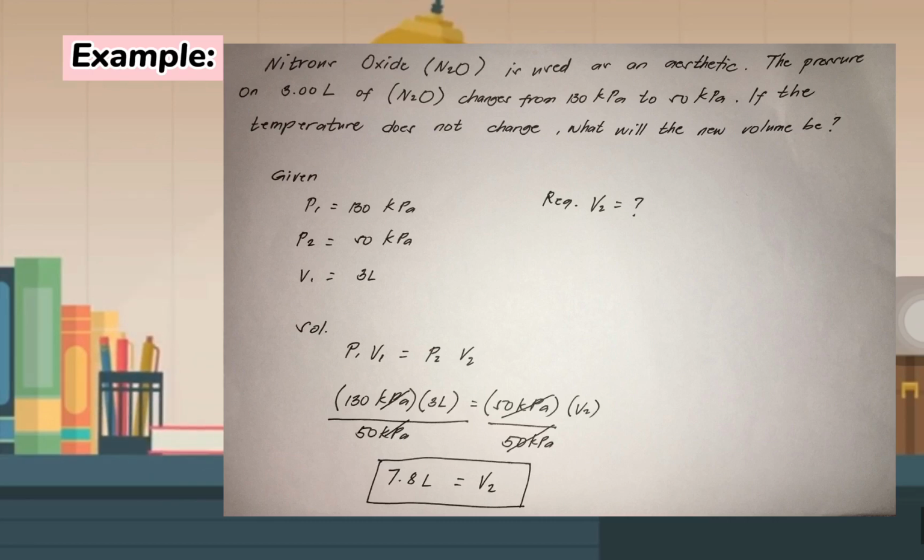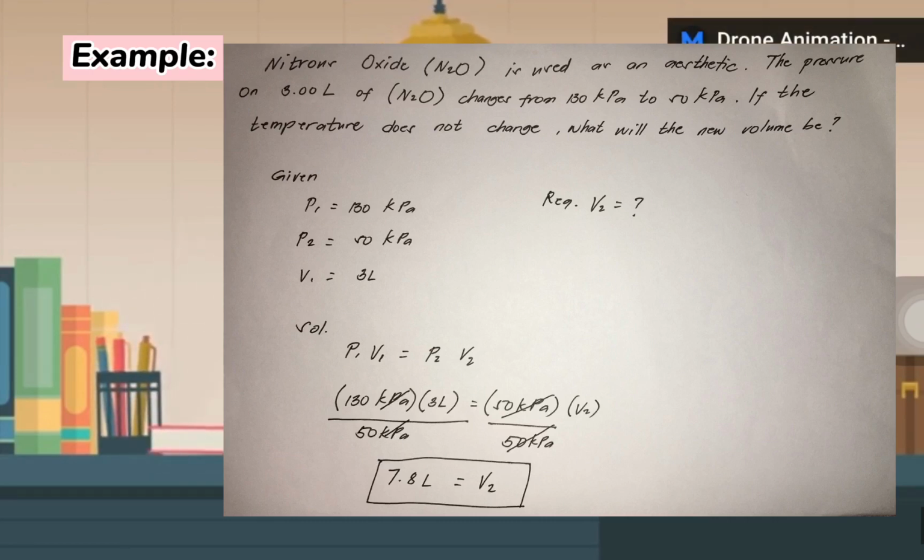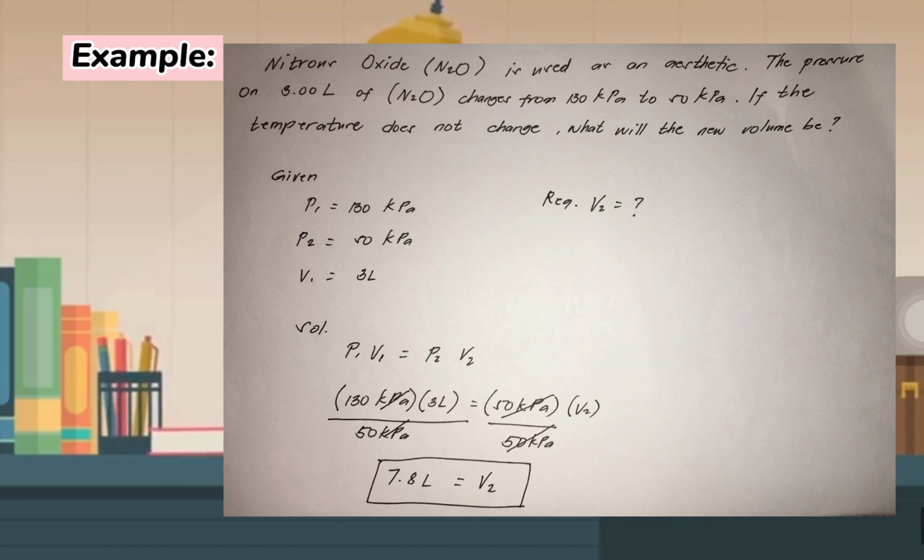Let us use our formula. We have P1 times V1 equals P2 times V2. Substitute, we have 130 kPa times 3 liters equals 50 kPa times volume 2. To get the value of the second volume, let us divide both sides by 50 kPa to have the cancellation process.